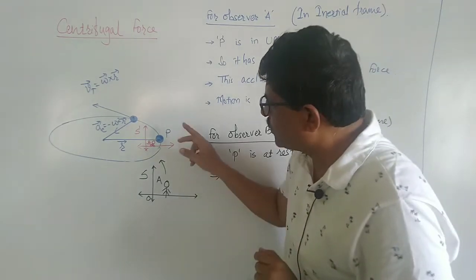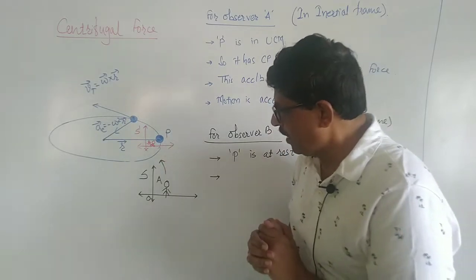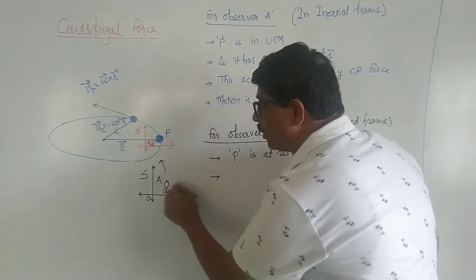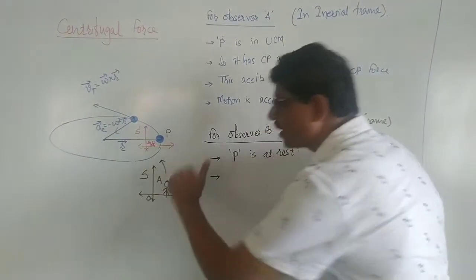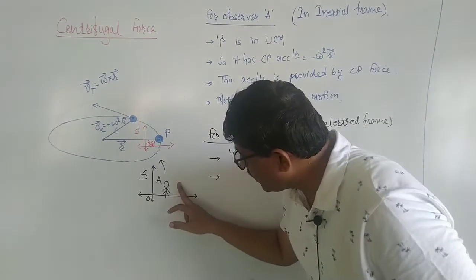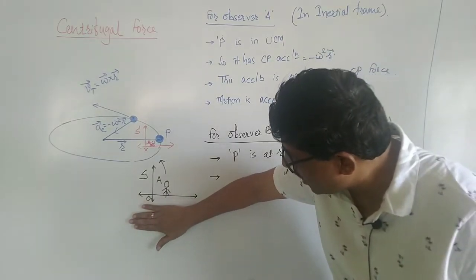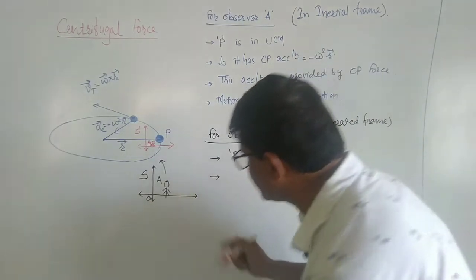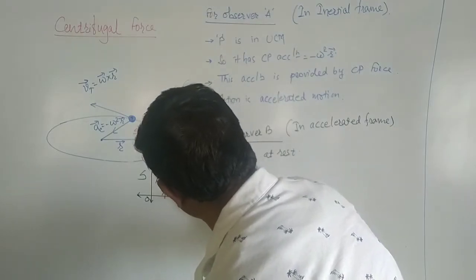The motion of object P, which is a uniform circular motion, is observed by an observer A, who is outside the circular path. This person A is on the ground outside the circular path, in an inertial frame of reference.